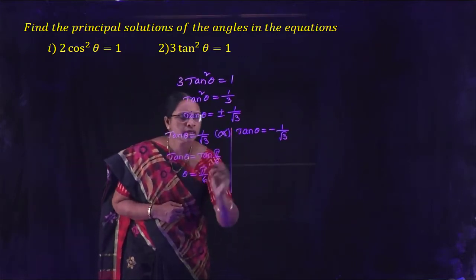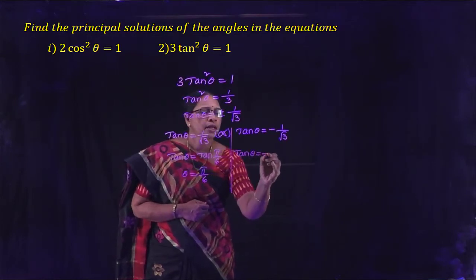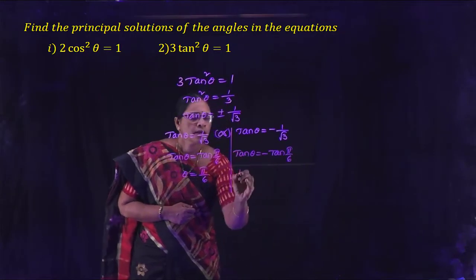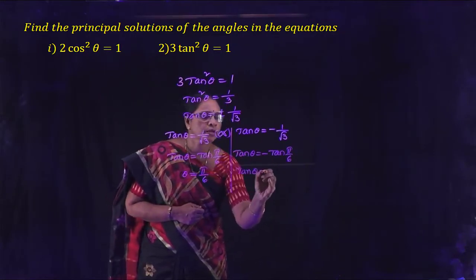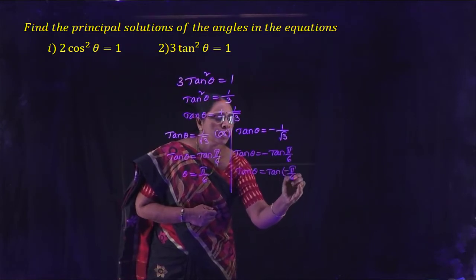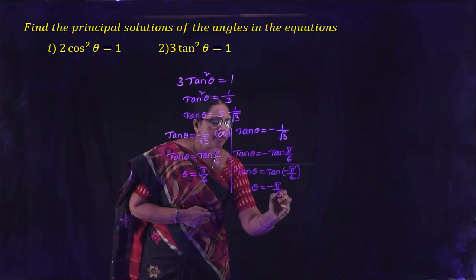And in the second case, tan theta is equal to minus tan pi by 6. Tan theta is equal to tan of minus pi by 6. Theta is equal to minus pi by 6.